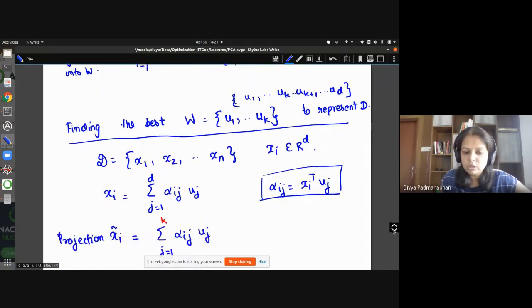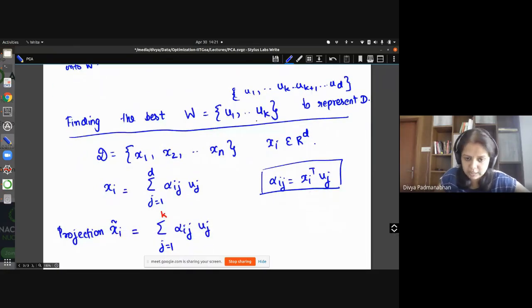Now, if you're going to project onto u1 to uk, which is again a subspace, then xi tilde, the projection, just uses the first k vectors. Mind you, this is not the first d, but the first k vectors, and these alpha ij are the same in both representations. So that's about the projection.